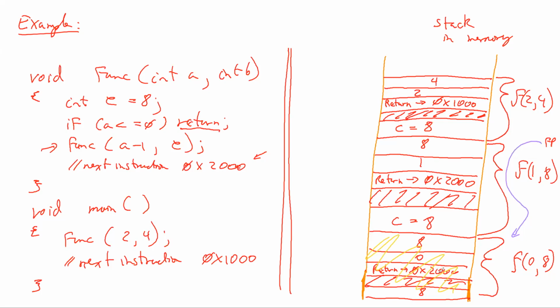But I need the address where I need to go. So I look at the address, it's 0x2000. I know I need to execute that next instruction, whatever it is. Then I finish that and I go back to the other frame. So the frame pointer was pointing there, then it pointed there because it's going back. Then it finished executing that, and it goes back to the next one, and so on.